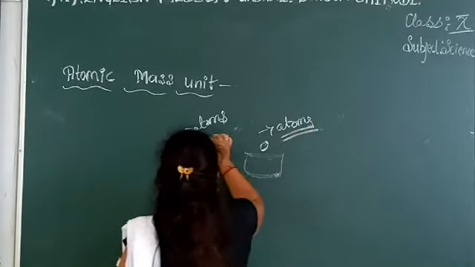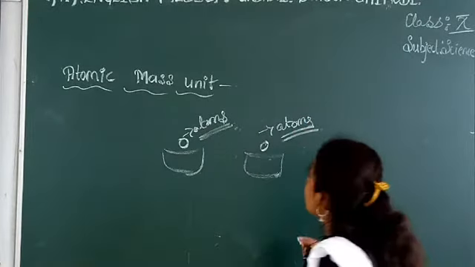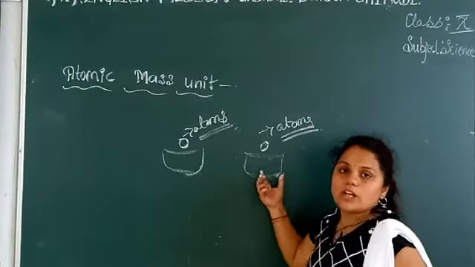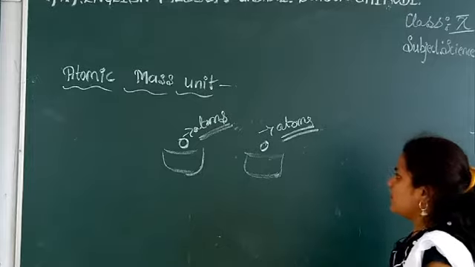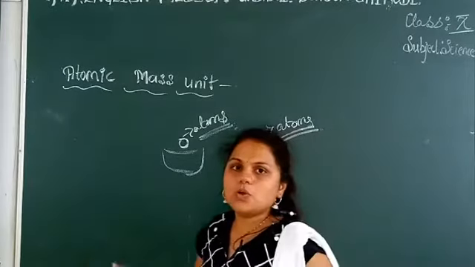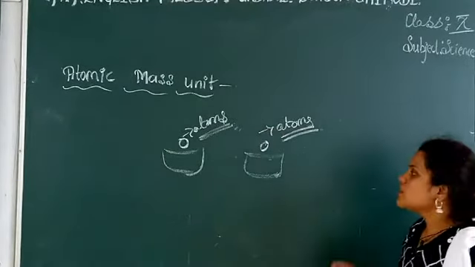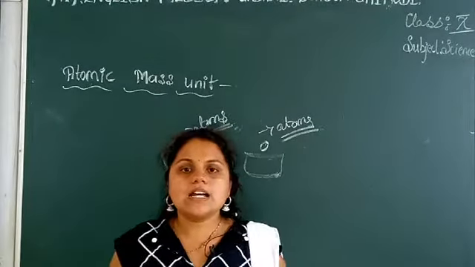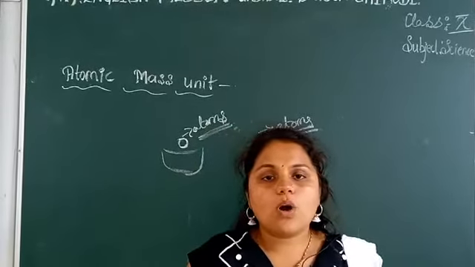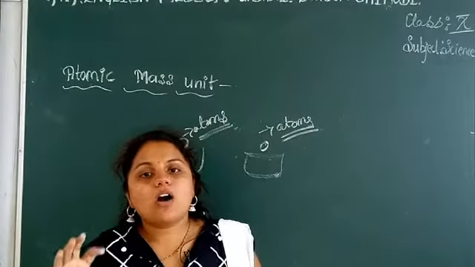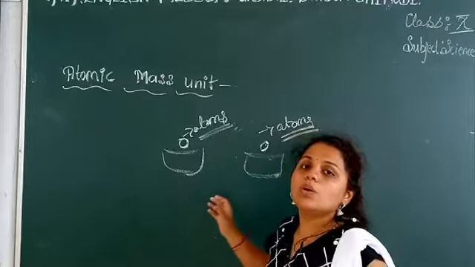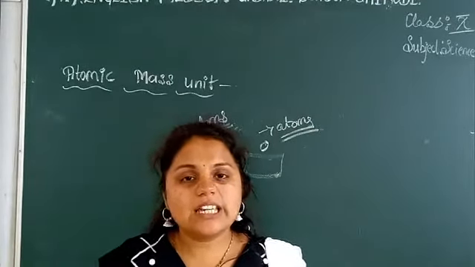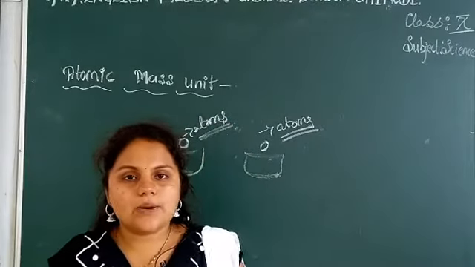If you are going to tally this, then you can consider this value for the atoms, because we don't have the option to weigh them directly. So what he suggested was a comparing method using a standard unit. What is the standard unit to weigh atoms?